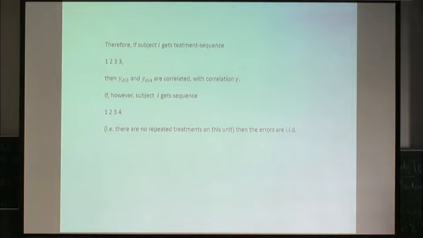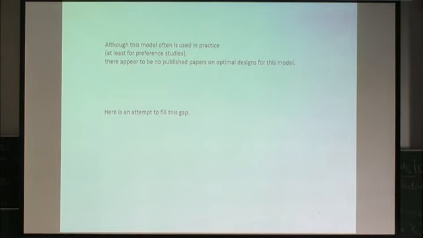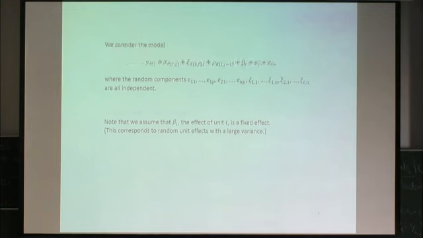Although this model is often used in practice, at least in sensory experiments, I didn't find anybody who wrote about determining optimal designs for it, and maybe the reason is because it's not easy. Here's an attempt to fill this gap.